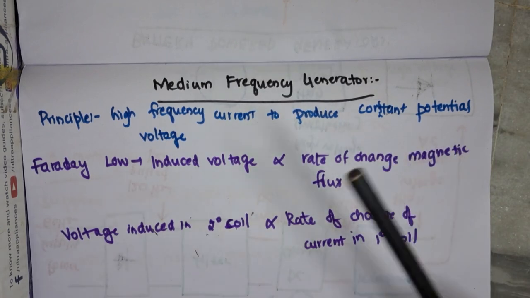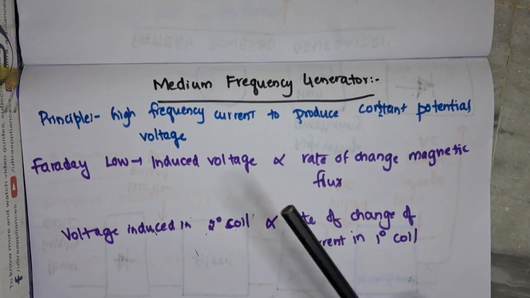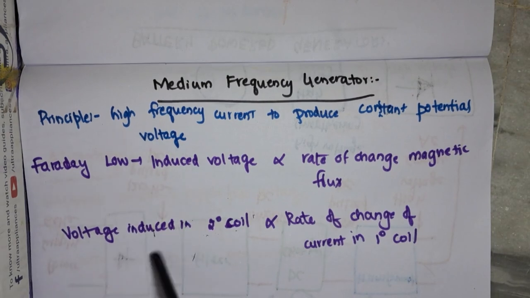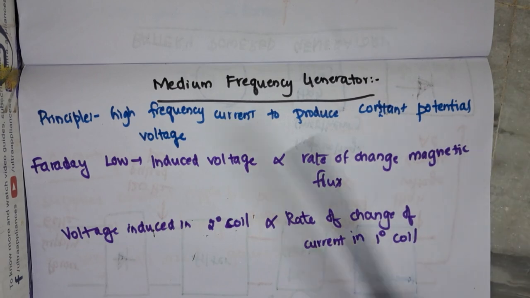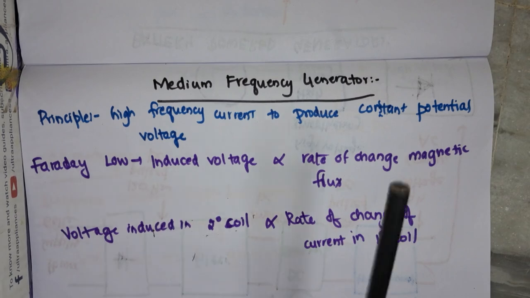This change in magnetic field induces voltage or current in the secondary circuit. So the induced voltage or induced current is directly proportional to the rate of change of magnetic flux. So for transformers, we can write the same law as: induced voltage in the secondary coil is directly proportional to the rate of change of current in the primary coil. True, right? As there is a change of current in the primary coil, that will cause induction of voltage in the secondary coil. This is perfectly true.